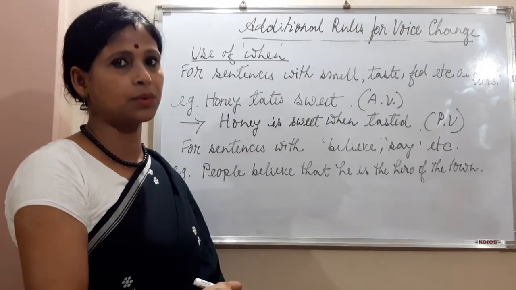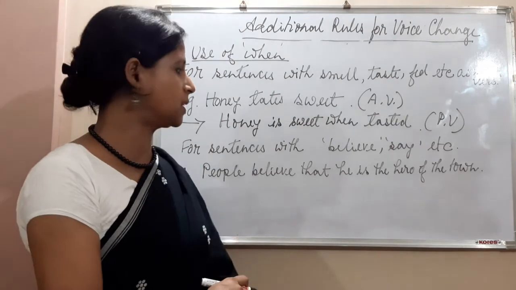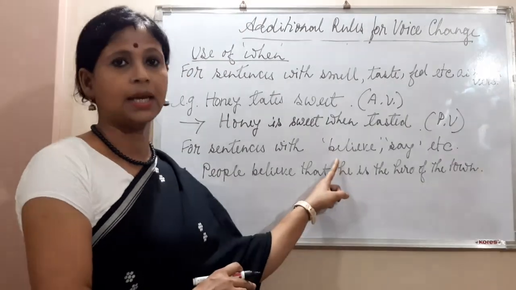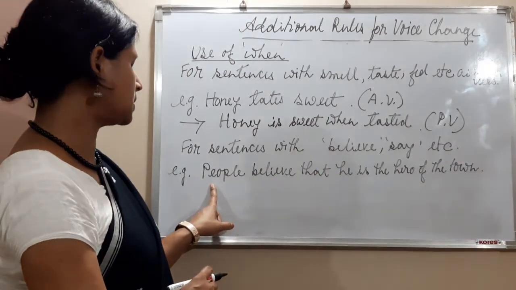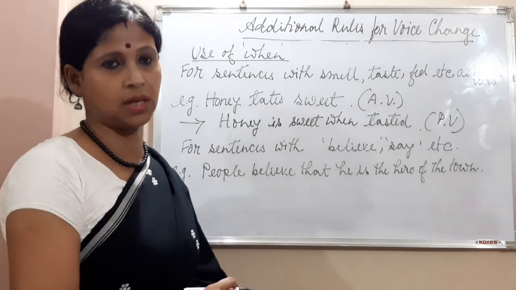And lastly, I want to show you what to do for sentences with believe, say, etc. So this is the sentence I have taken. People believe that he is the hero of the town.